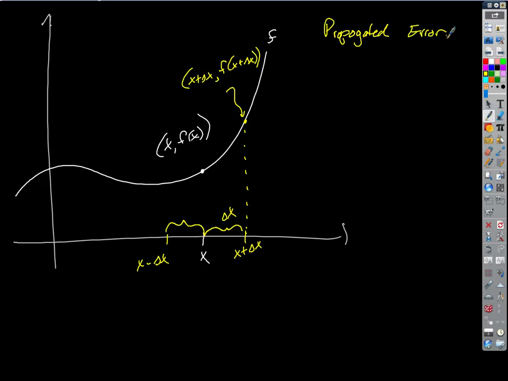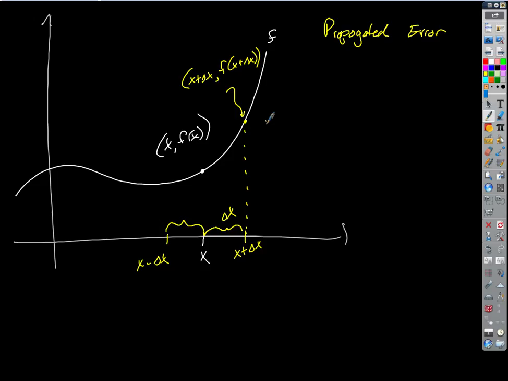So there's an error in radius that's going to be propagated into a possible error in the volume that we're calculating, right? Okay, so then how would we go about, if we know what our error in radius is, calculating what the maximum possible volume would be based on our propagated error? Well, we could just find what the value of the function is at x plus delta x, right? Okay, that makes sense? We can do that.